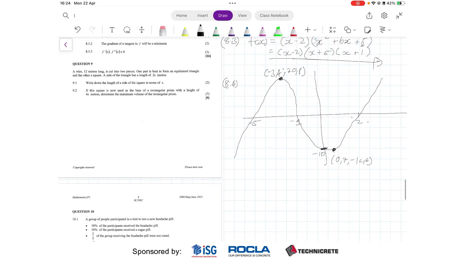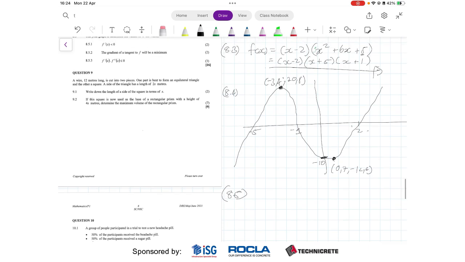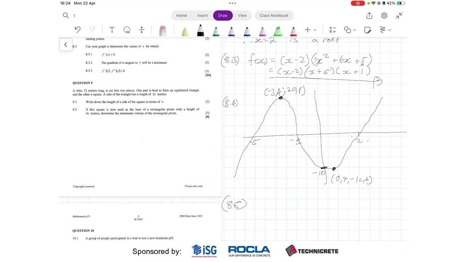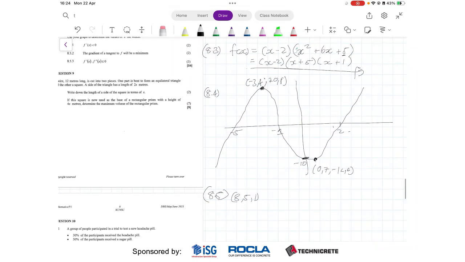And question 5, 8.5. For question 8.5, we are told to use the graph to determine the values of x for which f prime at x is less than 0. That's 8.5.1.